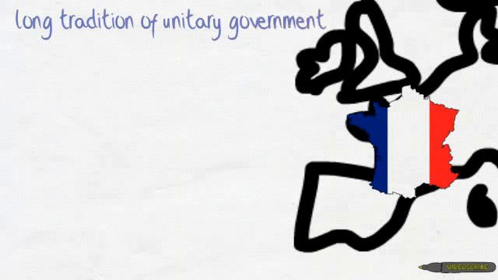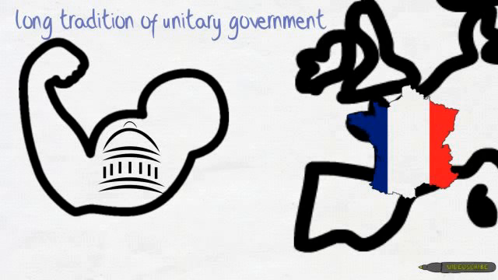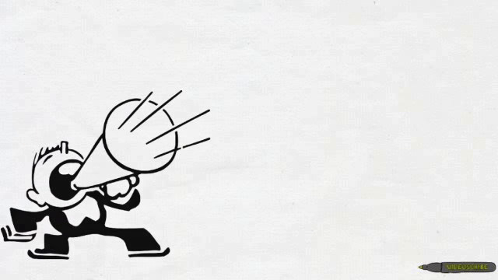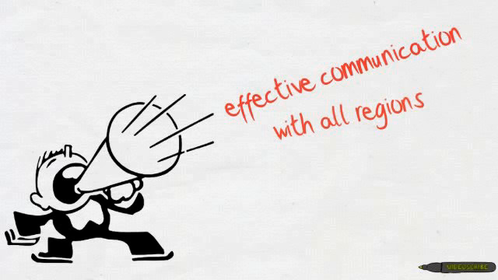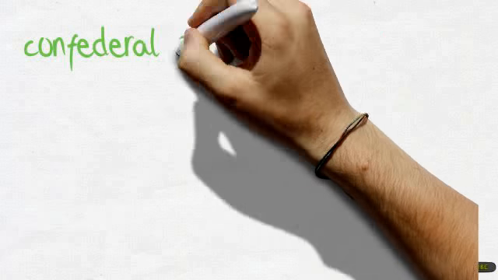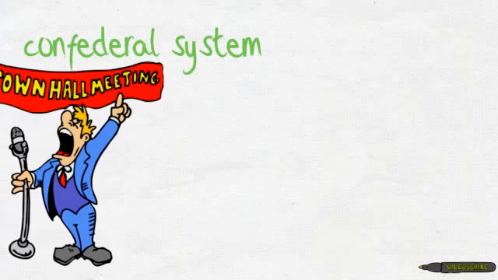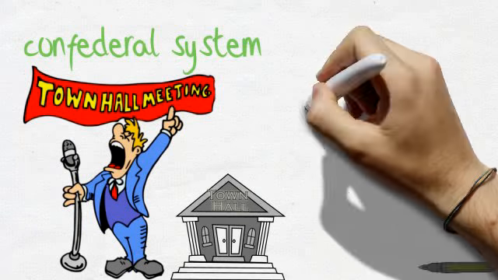A good example is France. France has a long tradition of unitary government in which a very strong national government dominates local government decisions. Because the unitary system requires effective communications with all regions of the country, smaller states are more likely to adopt it.